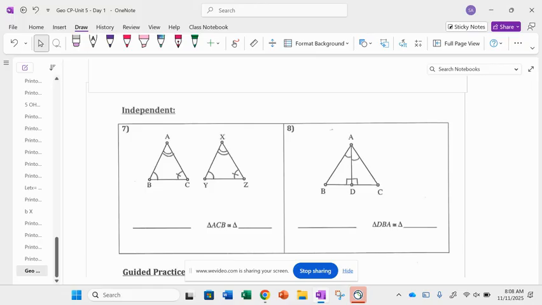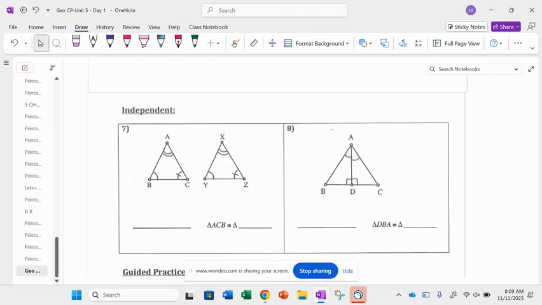Perfect. So you're good for the first one.